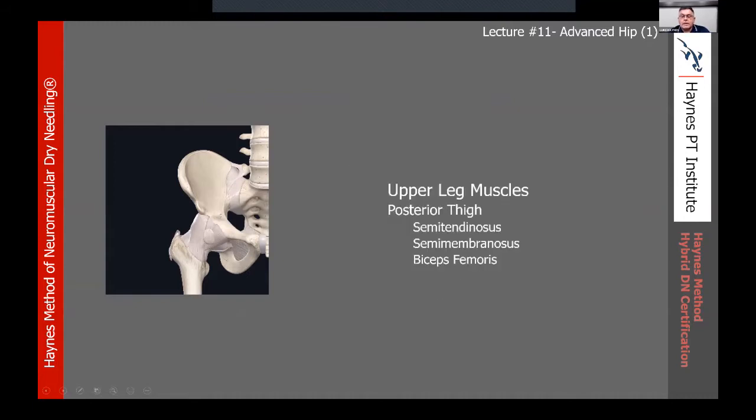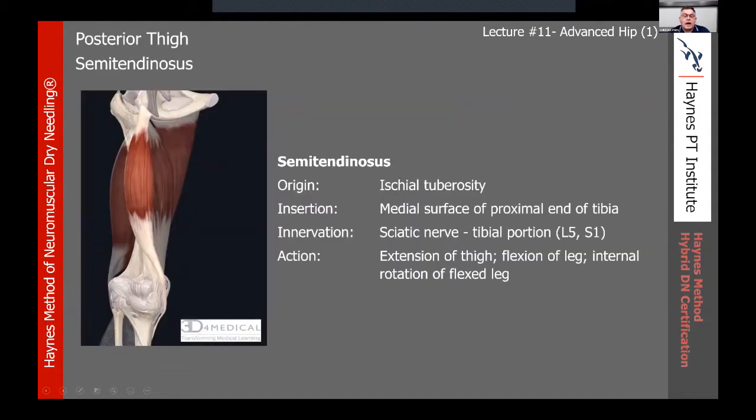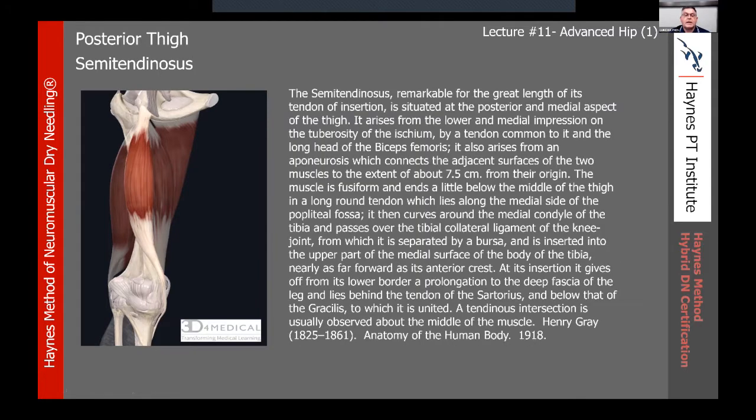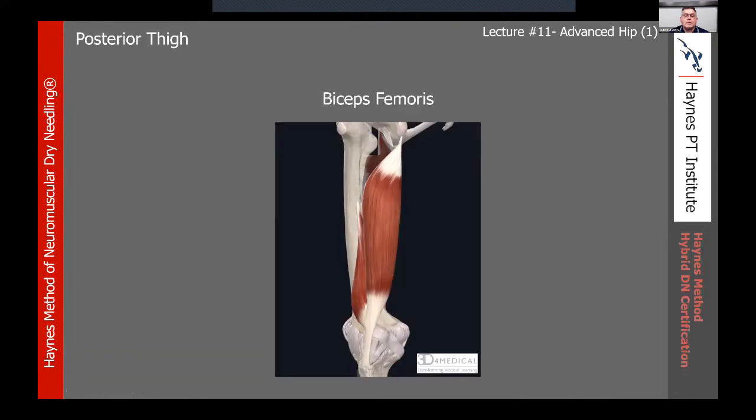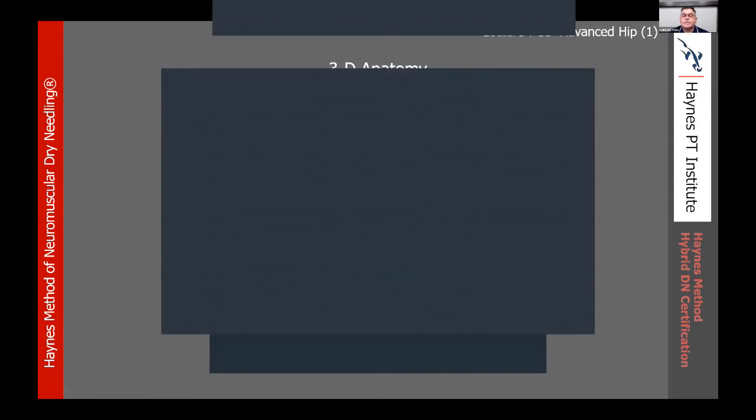In the upper leg muscles, we'll look at semitendinosus. What we will do is move down into our material where we take a look at Complete Anatomy. Let's see if I've got that. Let's do a new share here.